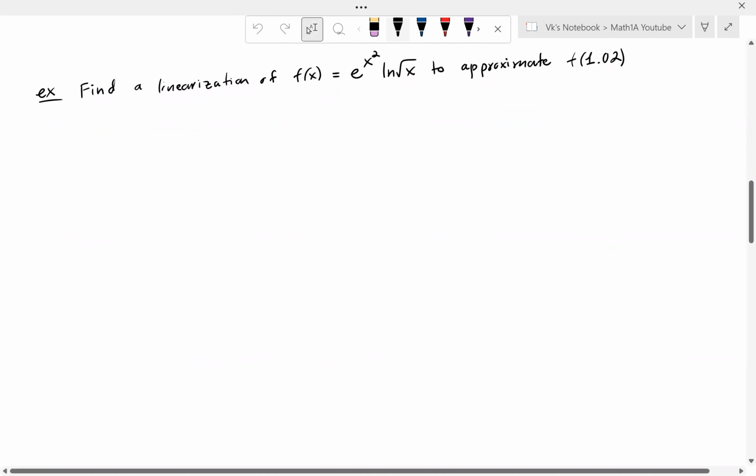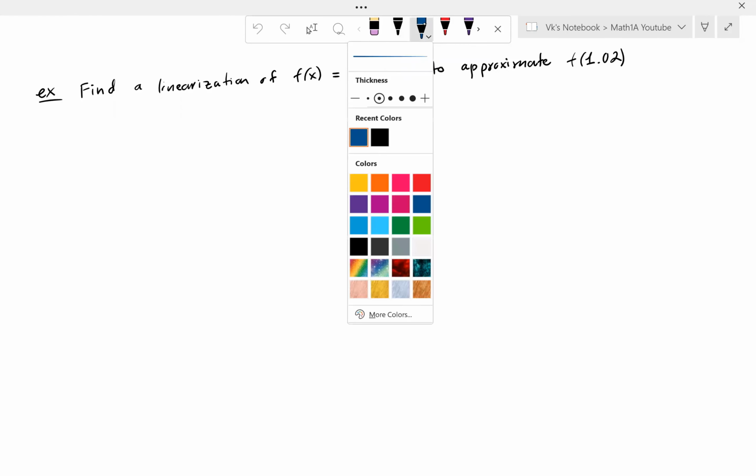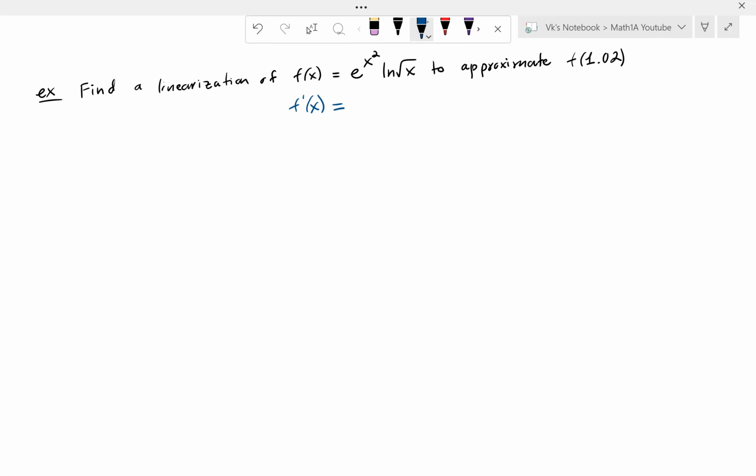Second example, find a linearization of f(x) equal e to the x squared times ln root x to approximate f of 1.02. Wow. Linearization, equation of tangent line. The first thing we do here is to figure out f prime x using the product rule.